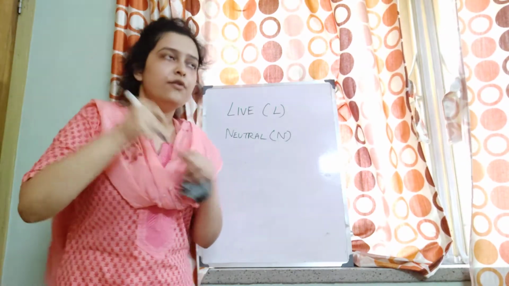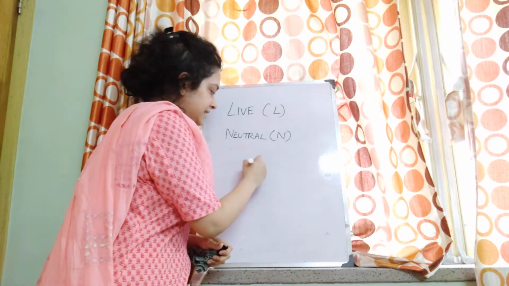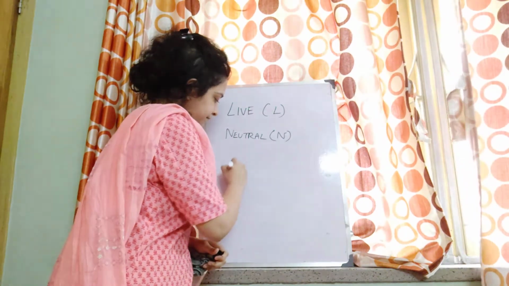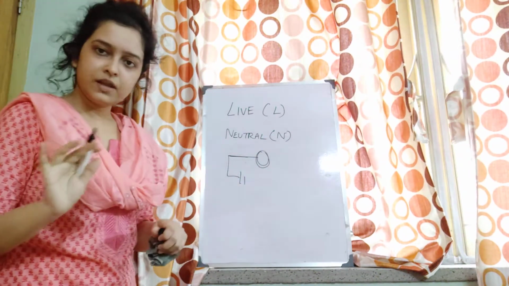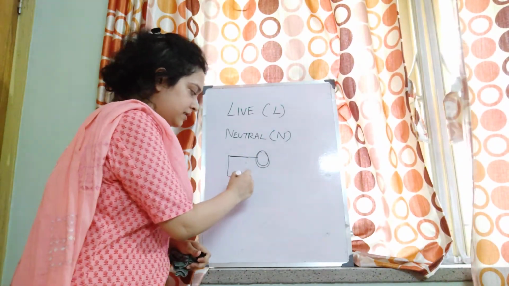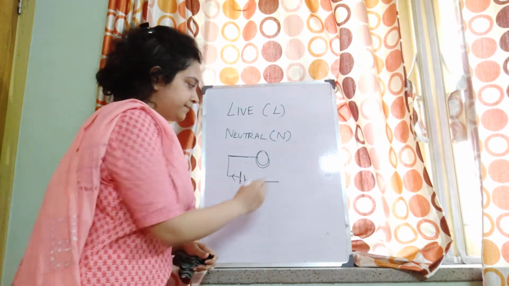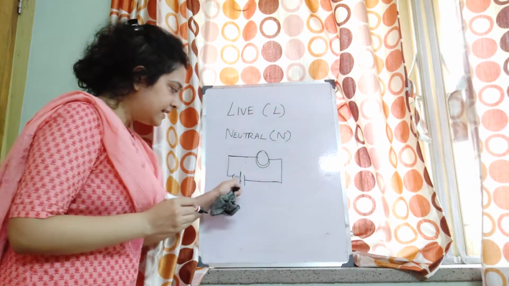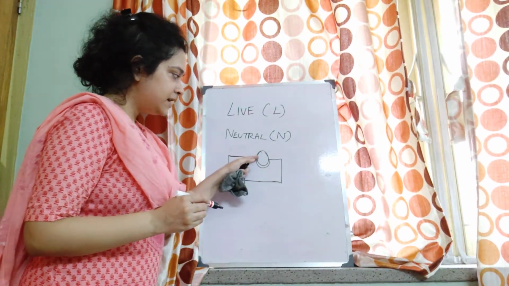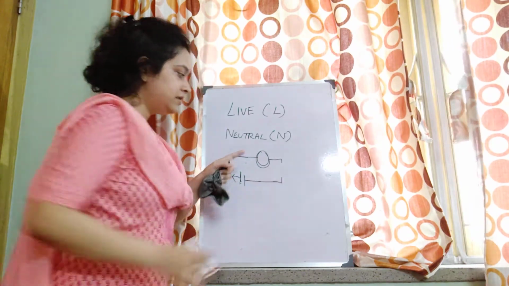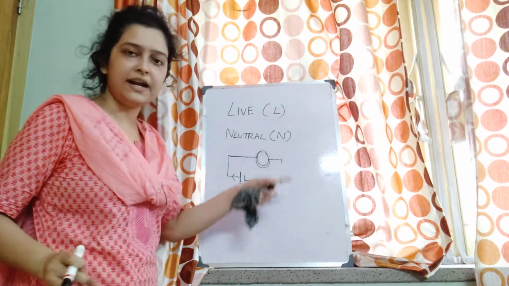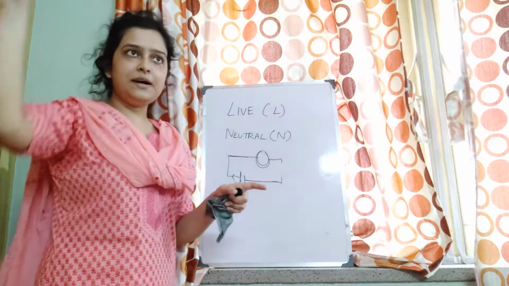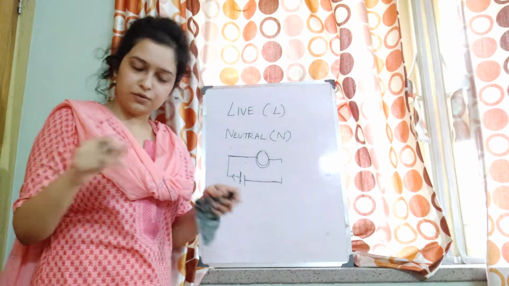Obviously, suppose current is flowing, and you have a bulb here. This is a power source, say a cell. Current is flowing to this bulb. If I disconnect here, will the current be able to flow? Is there a complete path for the flow of current? No. It needs a backflow path also.